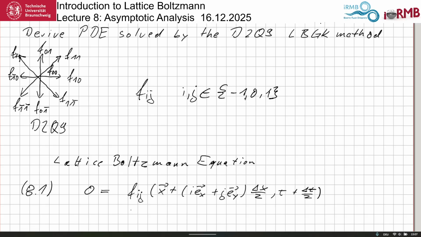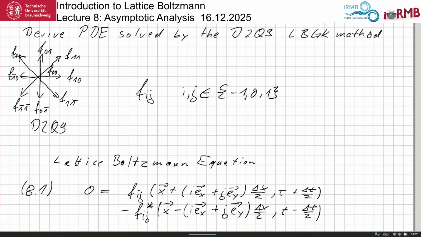And this is equal to, and because I want to put everything on one side, I said this is minus f_ij, the post-collision state before. So now here everything is the same, just with a minus. And also this has been half a time step before. So you see, in total, this is one time step in between and one grid spacing in between.